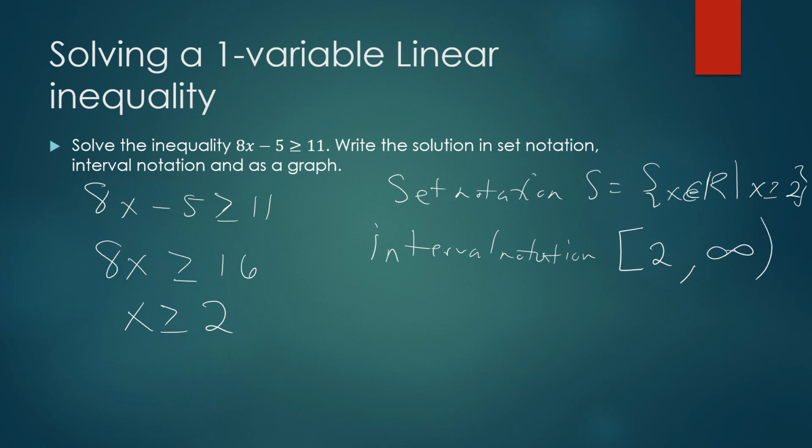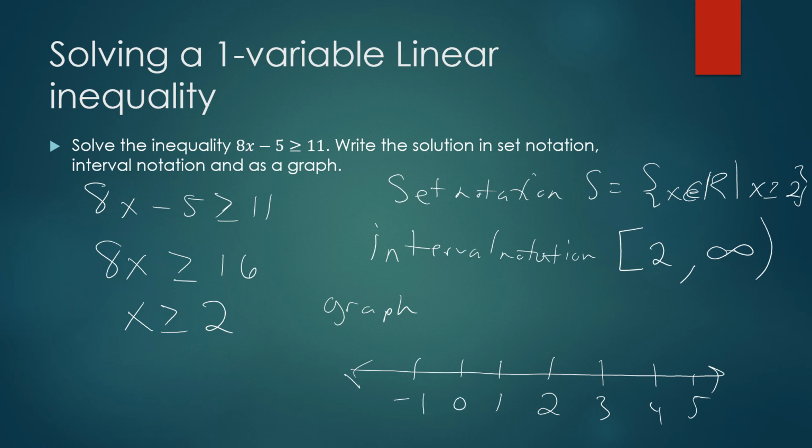Now we're going to go ahead and do our graph. I'm going to draw a line. My cutoff is 2, so I'm going to put 2 here. We could scale it: 3, 4, 5, 1, 0, -1. Now on the number line, I have to show the solution.